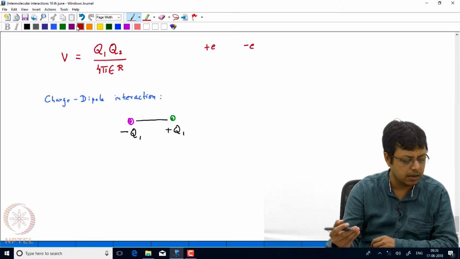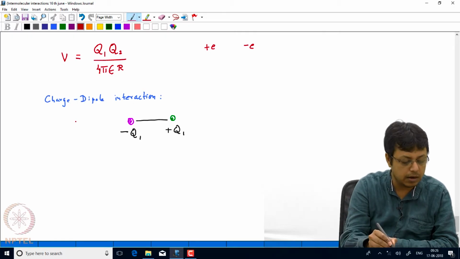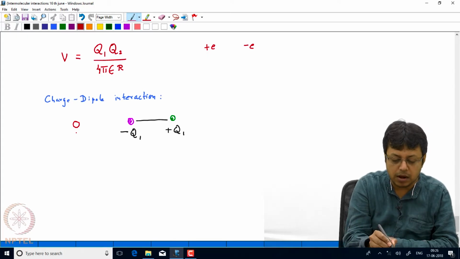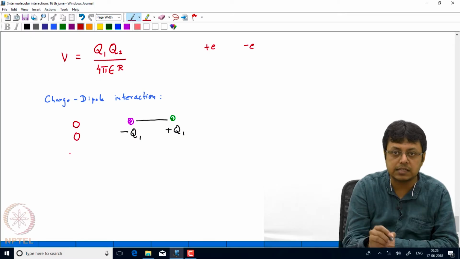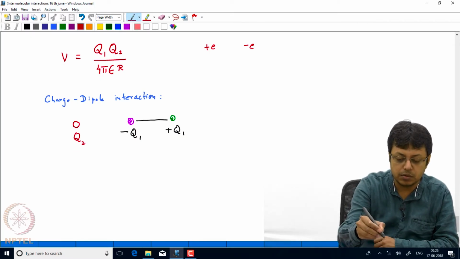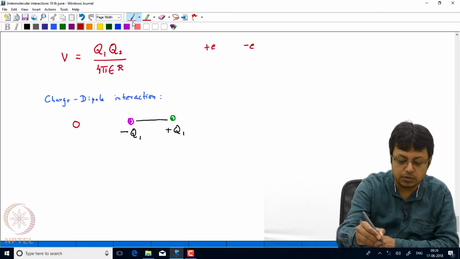We are just saying that Q2 is located at a distance r from the center of this dipole and along the axis of the dipole. This is Q2, the new charge.